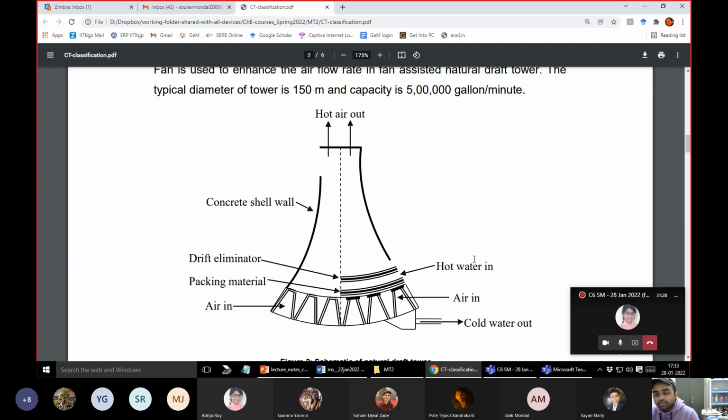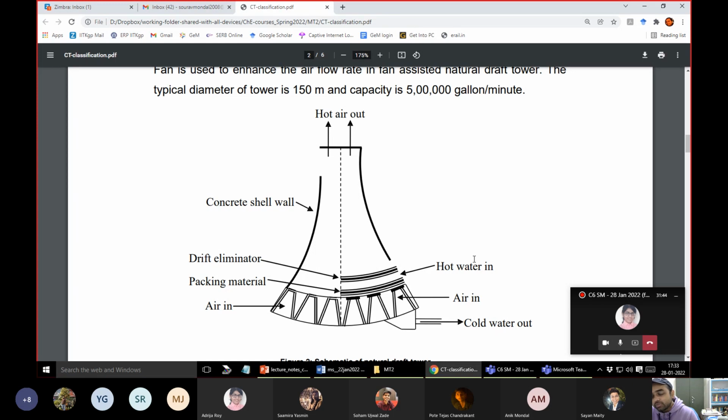And these kind of natural draft coolers you will see in many places, right? These are generally preferred because you do not need to have any assisted airflow inside the unit.